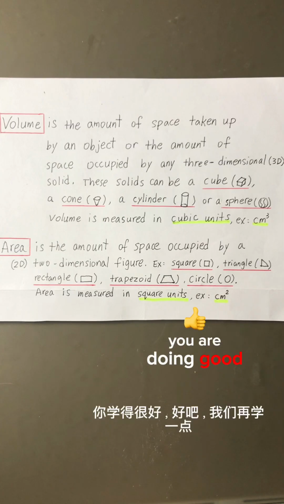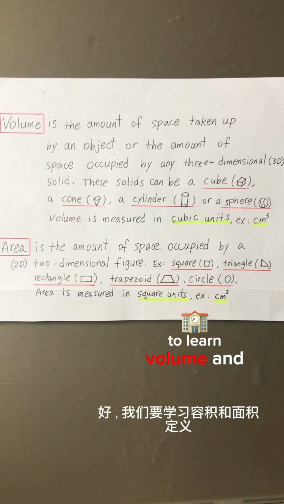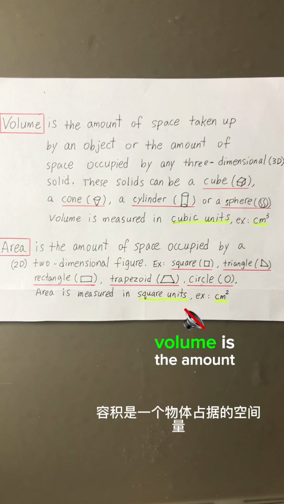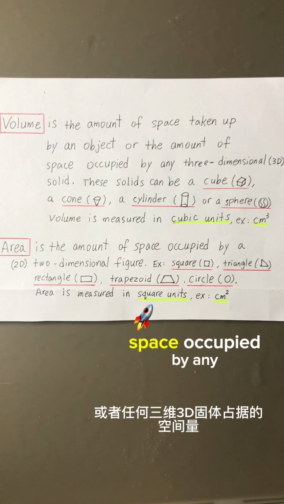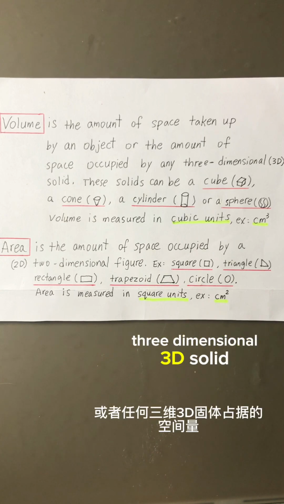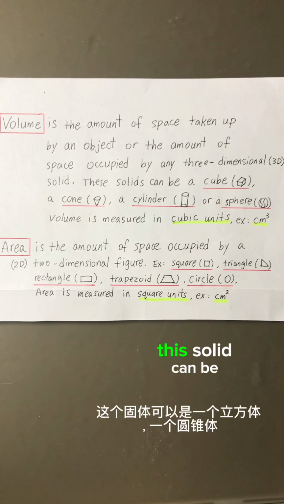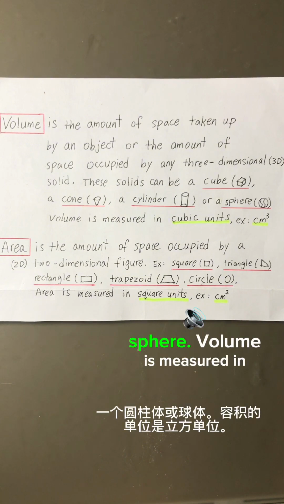You are doing good. Okay, let's learn some more. So we are going to learn the definitions of volume and area. Volume is the amount of space taken up by an object, or the amount of space occupied by any three-dimensional 3D solid. This solid can be a cube, a cone, a cylinder, or a sphere.